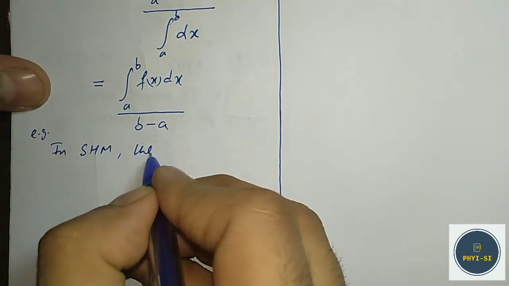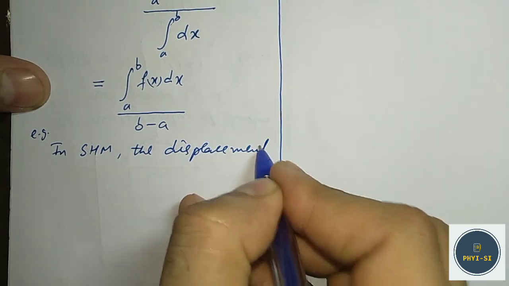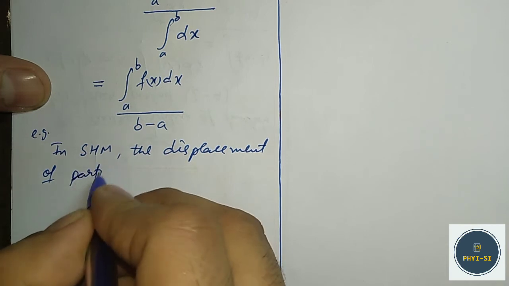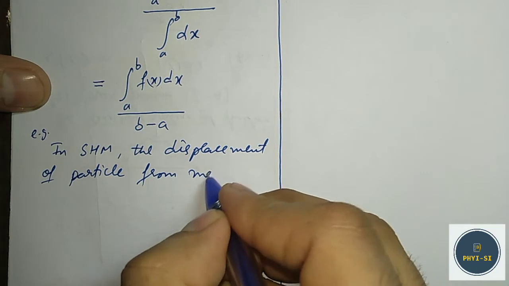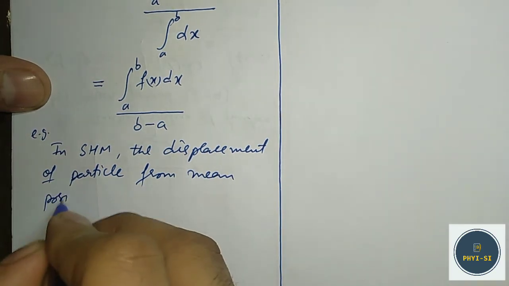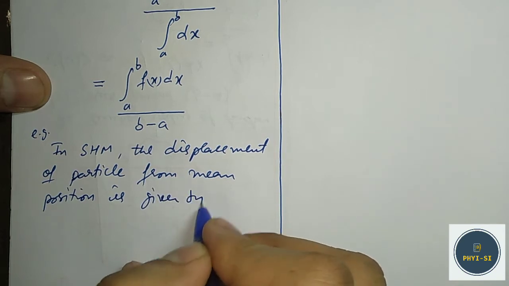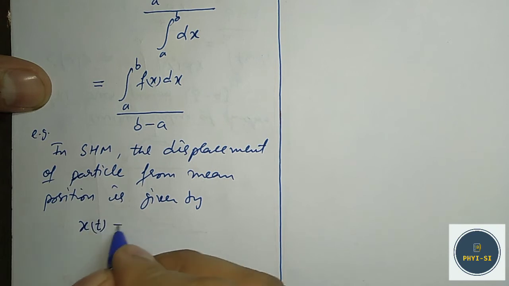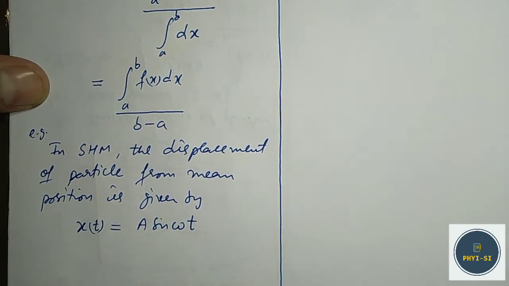the displacement of a particle, an oscillating particle, from the mean position is given by x is equal to a sine omega t.